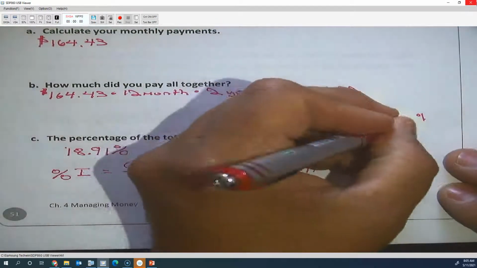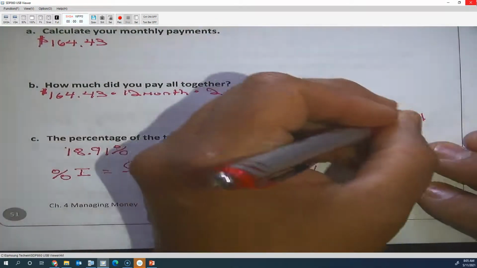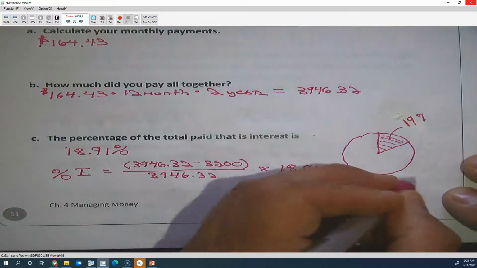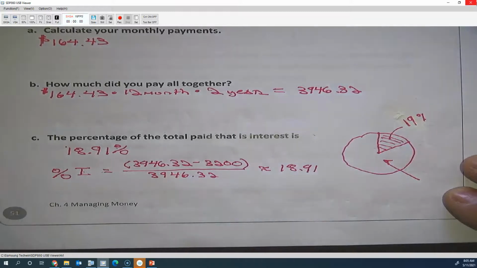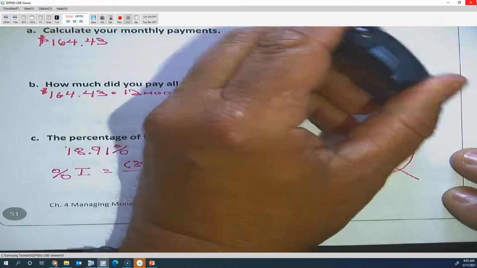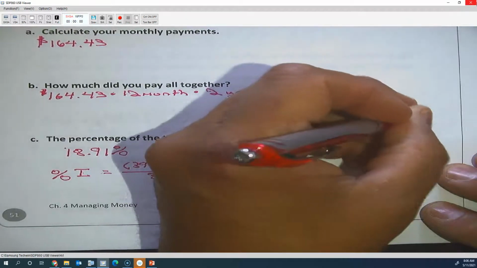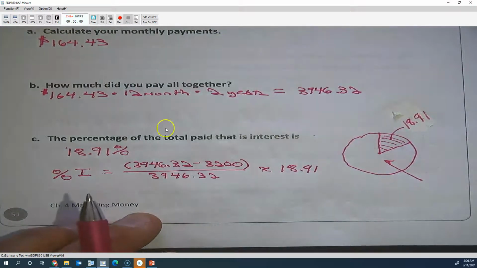So this was around 18.91, I'm just going to say roughly 19%. Okay, well, I guess I should say 18.9. Okay, and then subtract that from 100.